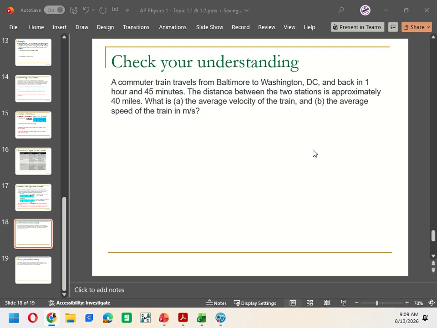Now, let's go through and do our unit conversion. I'm going to multiply this by a fraction. I need to cancel out the miles. Miles are up here on top. As I go over this way, where do the miles need to be for it to cancel?